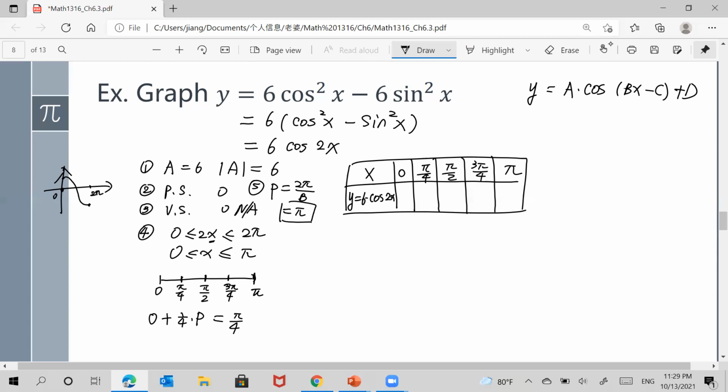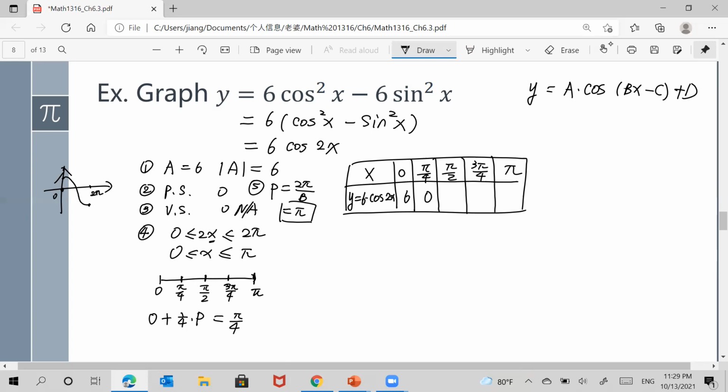So the value here, the first one, I can plug in the 0 here. And for this one is 6. And then the second one is 0. Is that 0? Yeah, that's 0.